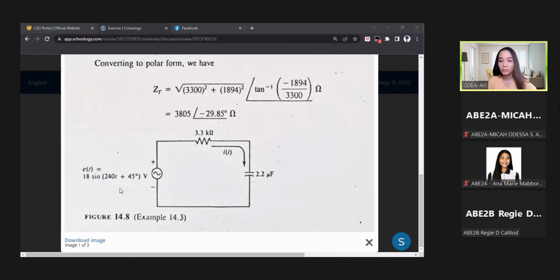With respect to this given, W stands for the 240, which is beside T. So kindly jot down a note. In this form, we have VP or Vmax times sine of WT plus 45 degrees. The 45 degrees is an additional angle of the given force.